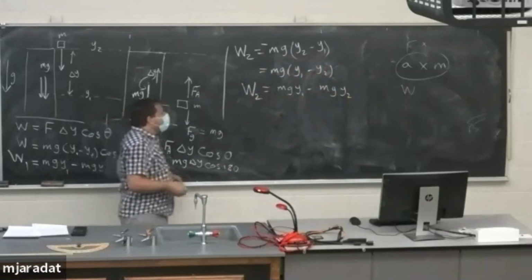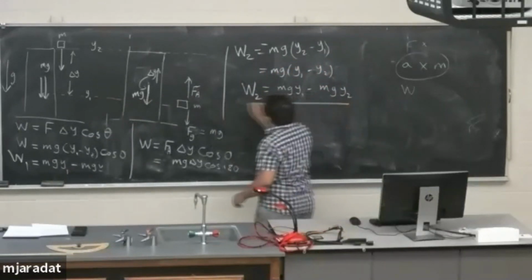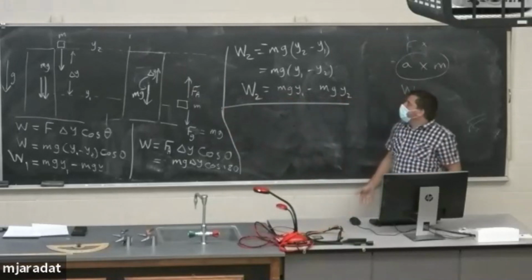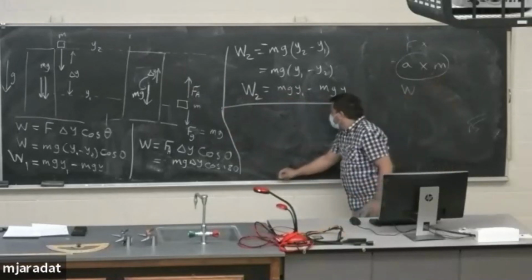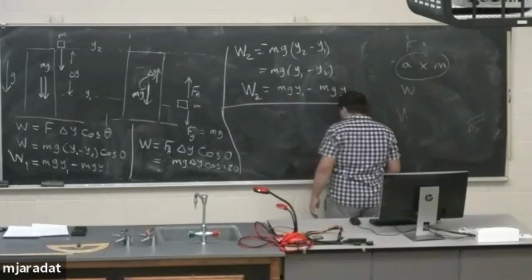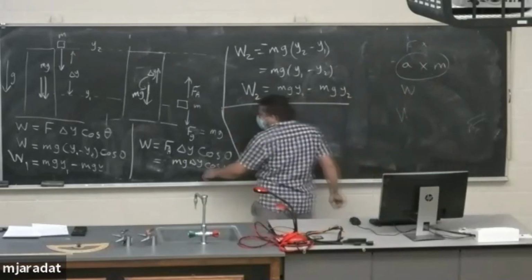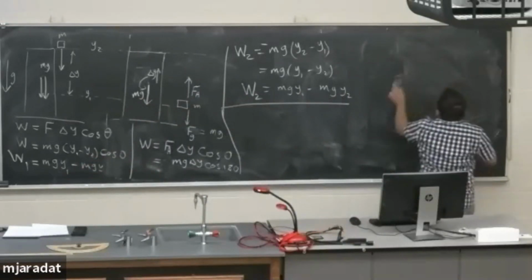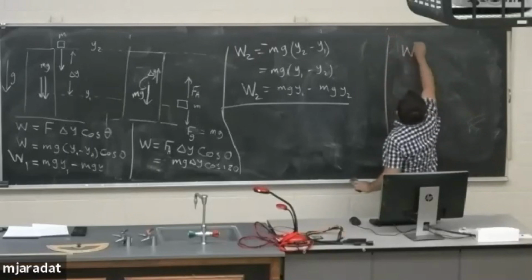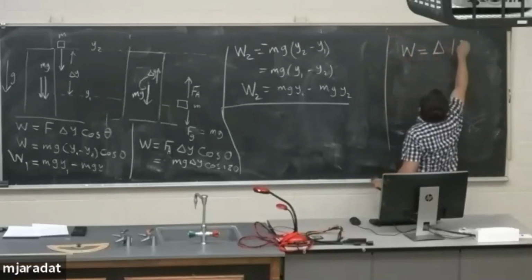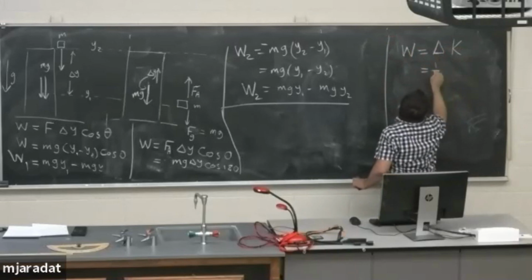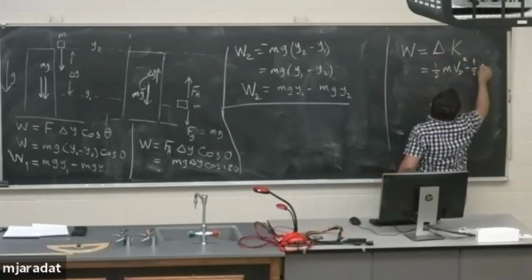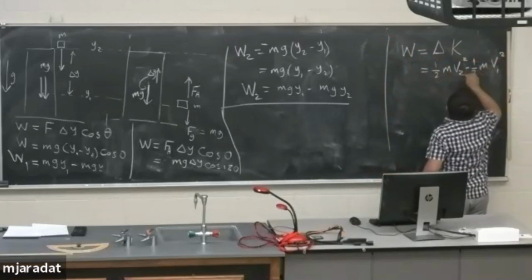What is the meaning of that? We have a new thing. Remember, yesterday we saw that the work is equal to the change in kinetic energy, which is equal to 1/2 m v2 squared minus 1/2 m v1 squared.